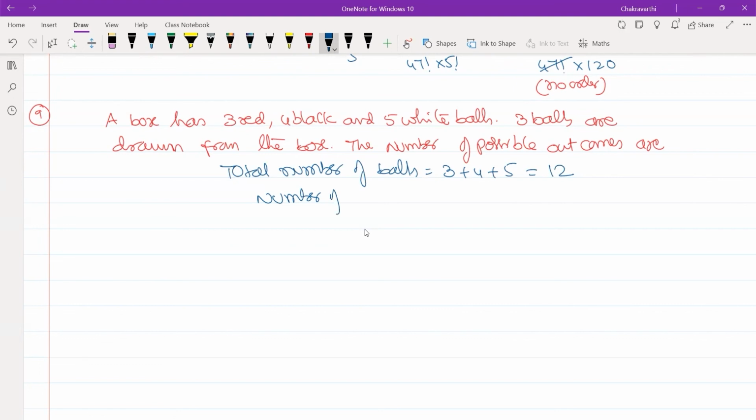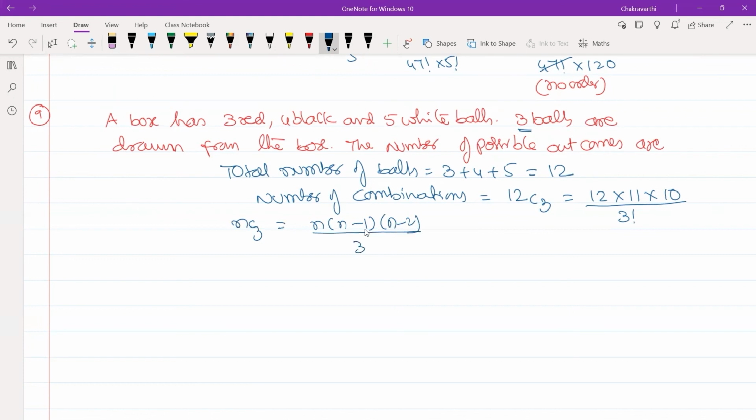Number of selections, or number of combinations: 12C3, as 3 balls are drawn at a time. 12C3 is 12 into 11 into 10 by 3 factorial. This is the short way, the nC3 formula: n into n minus 1 into n minus 2 by 3 factorial.